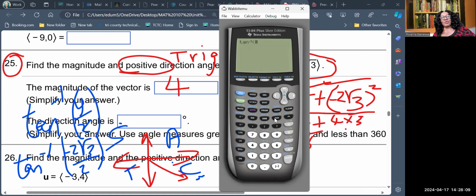But we can do it without a calculator, but let's do that with the calculator. Before I put that in, I will go to my mode and make sure that my mode is in degree, because I'm going to find the answer in degree.